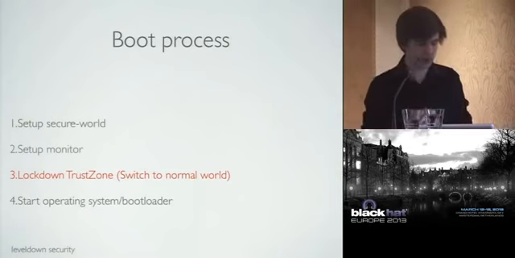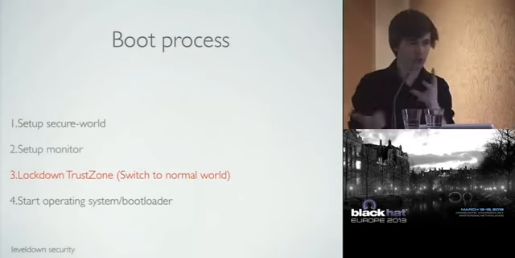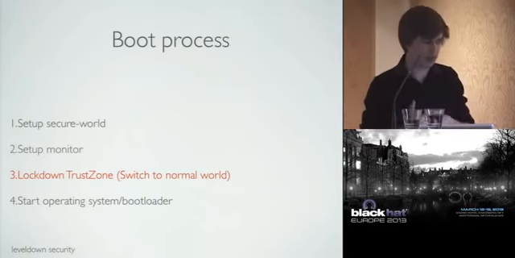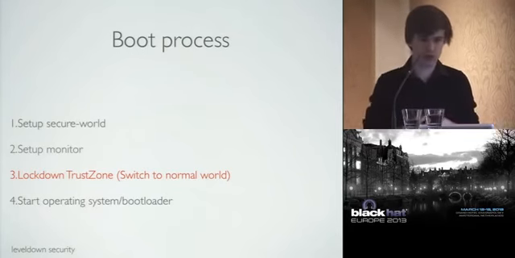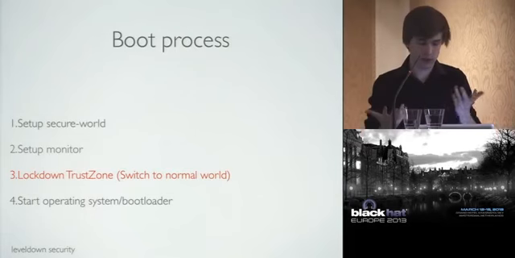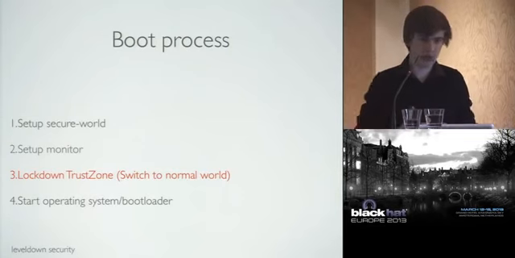For me, the most interesting and most fun part was locking down the TrustZone and configuring everything so that it's as unsuspicious as possible. Even though you can't prevent the user from knowing that you actually have TrustZone in the chip, you want to behave like, yeah, we're doing nothing here and everything looks normal, and you don't really want to lock him down.